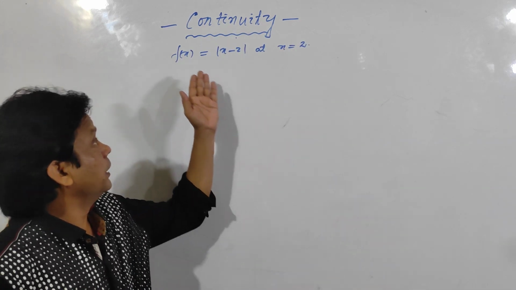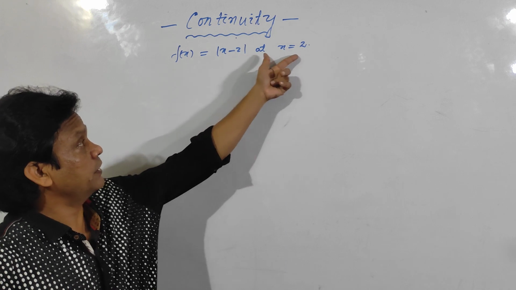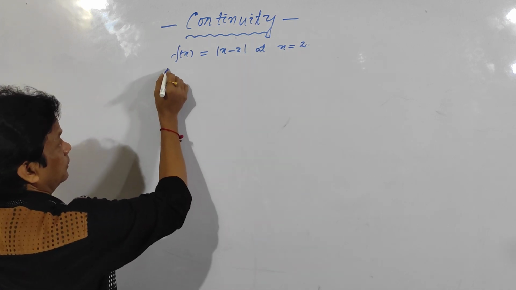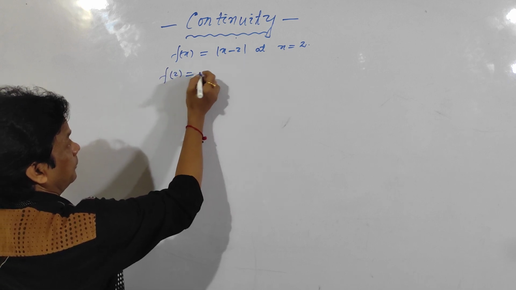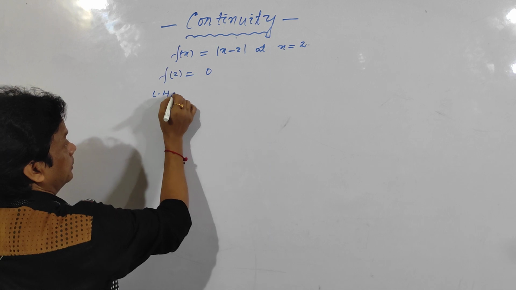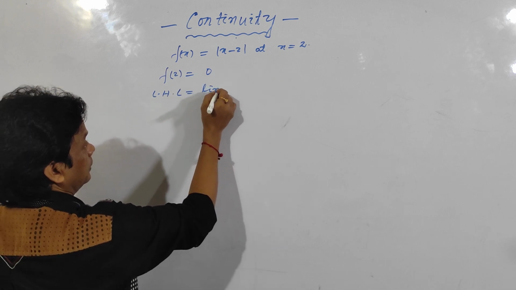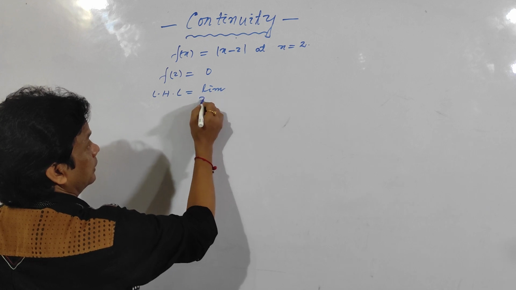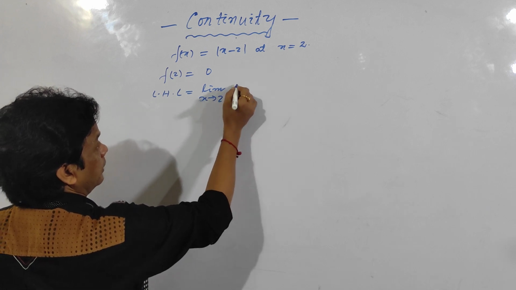See here, f of x is mod of x minus 2 at x is equal to 2. So how to do this one? First of all, find f of 2. f of 2 means 2 minus 2 is 0. And left hand limit, x tends to 2 minus, f of x.